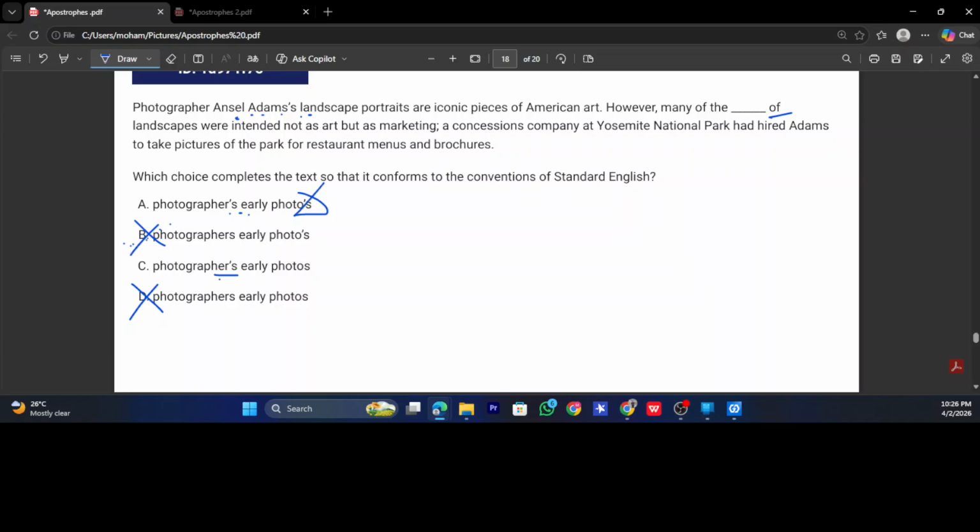So you also cross out B, and you solve this in your basic approach like that. Why is A incorrect? Because there are more than one photo, and that doesn't possess anything. The possessive photos is not correct. Like his photos is not correct. So C is the correct answer.